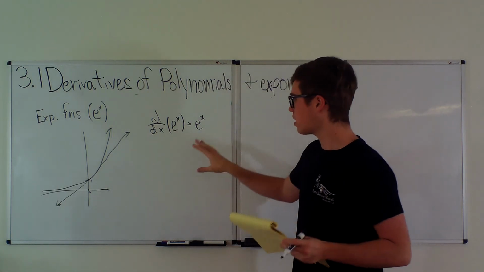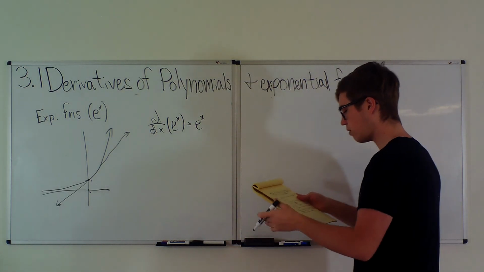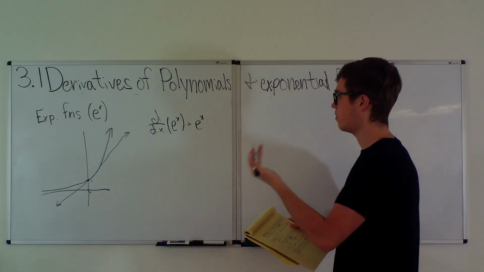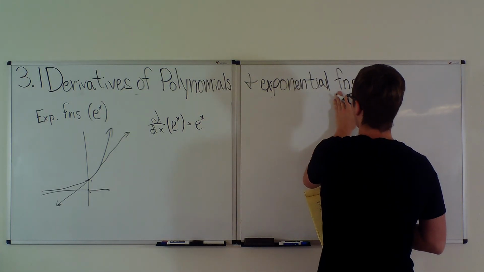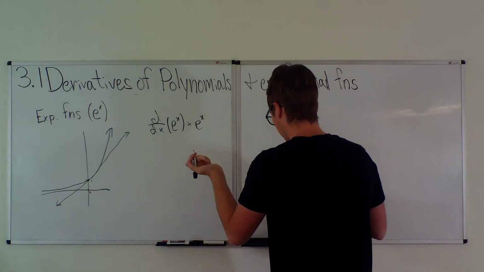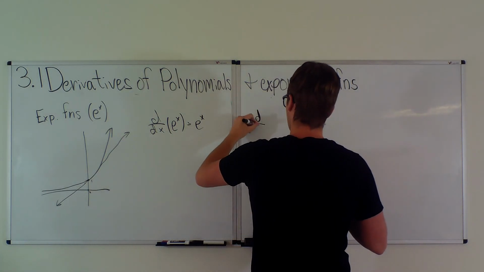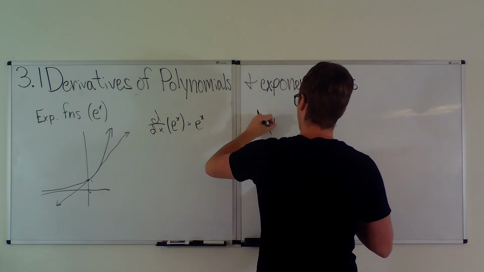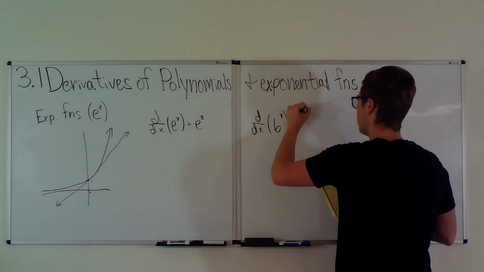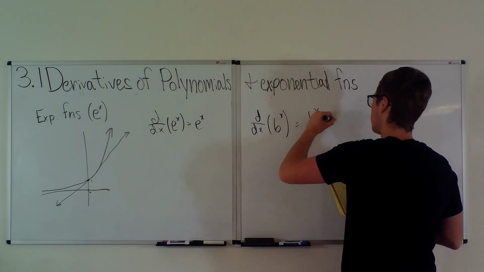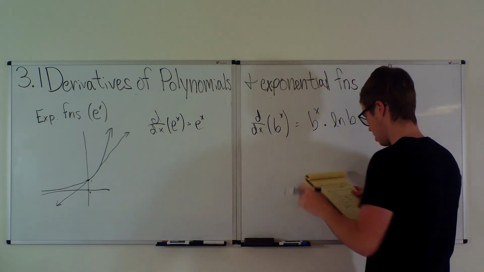And so this makes sense because of the derivative of exponential functions with base not e, and base e. d/dx of b to the x, for any constant b, is equal to b to the x times ln of b.